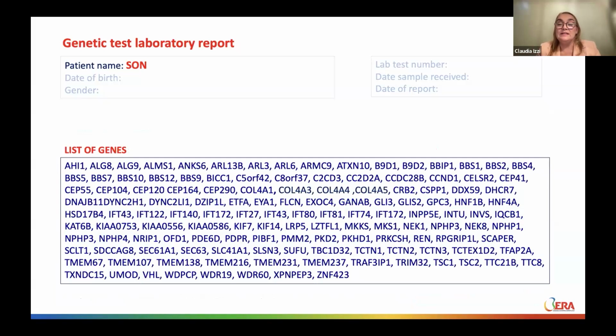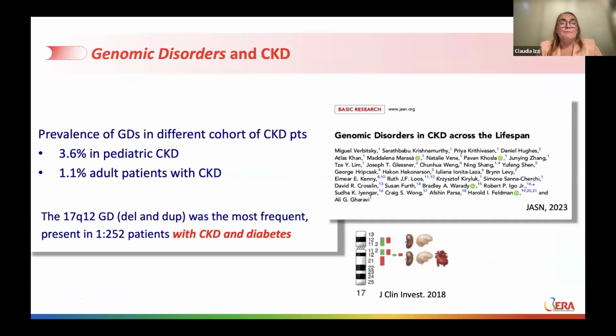And usually you can find the list of genes that have been tested. And this is also very important because you can look at whether all the genes known at that moment have been analyzed. But I'd like to remind you that genomic disorders, so microdeletion or microduplication, can also be responsible for CKD in patients, not only in pediatric cohorts, but also in adult patients.